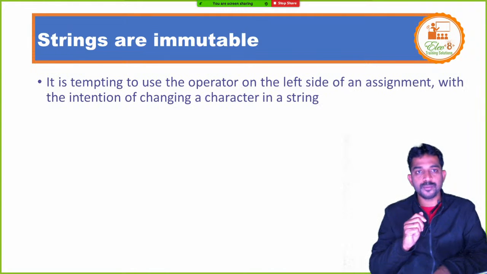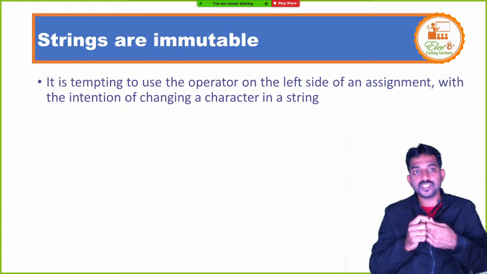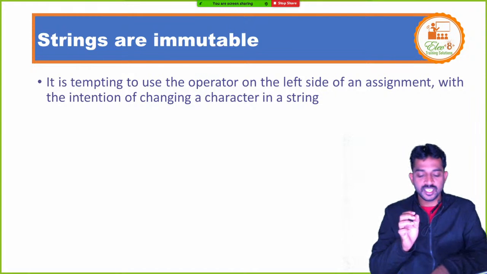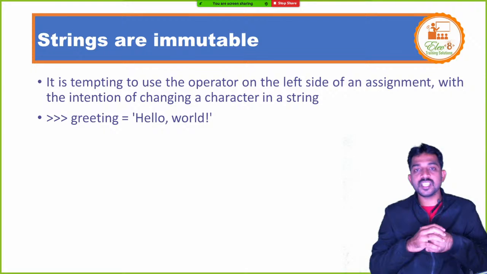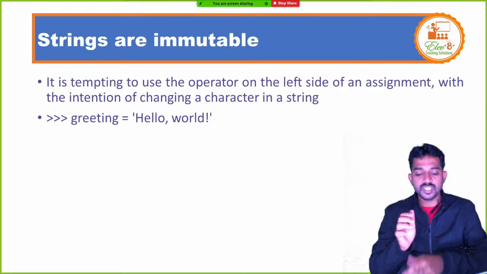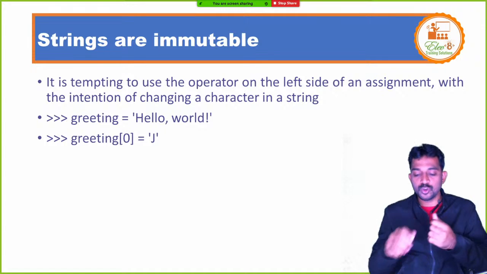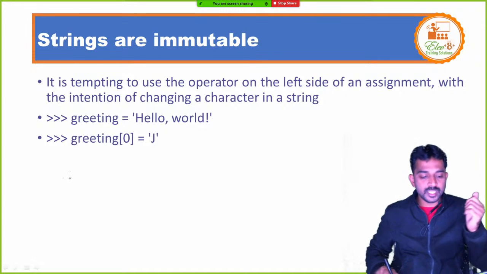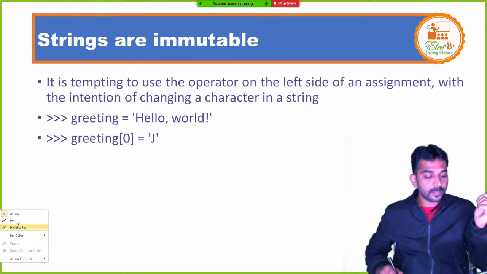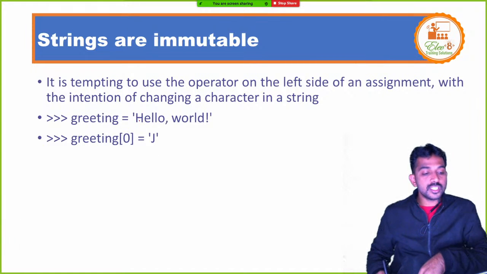Let us see one example: attempting to use the [] operator on the left side of an assignment with the intention of changing a character in the string. Suppose the greeting is "Hello World". Now I need to change H to J. Greetings[0] equals J. Zero means the zero index, right?